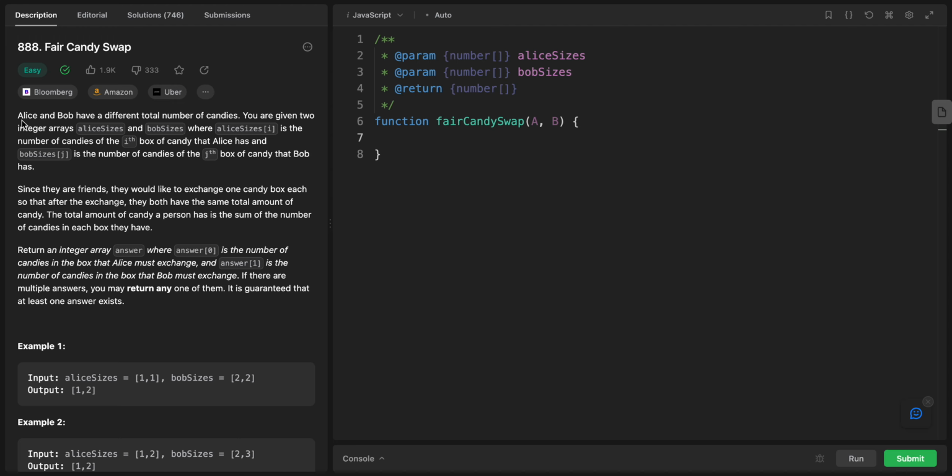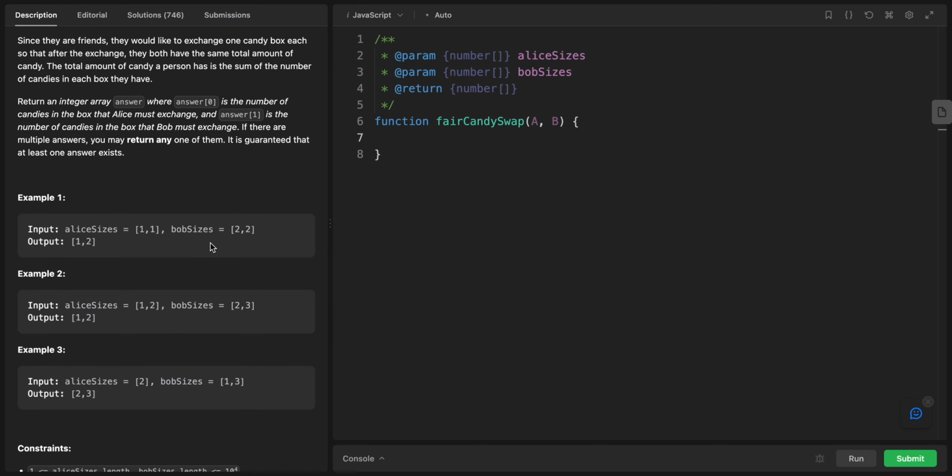The problem goes like this: Alice and Bob have a different total number of candies. You are given two integer arrays, Alice's size and Bob's size, where Alice's sizes of i is the number of candies in the ith box of candy that Alice has, and Bob's sizes of j is the number of candies in the jth box of candy that Bob has.